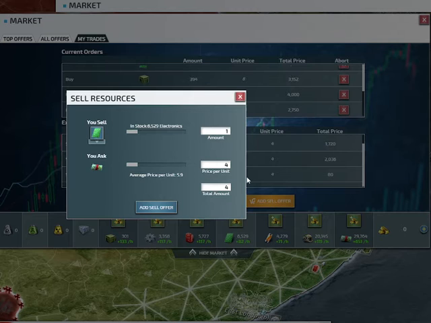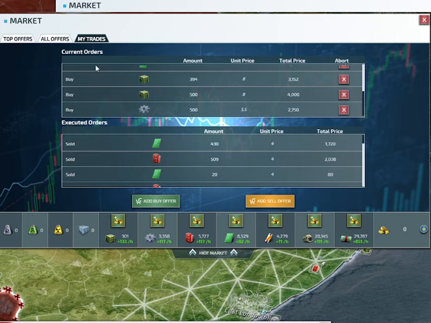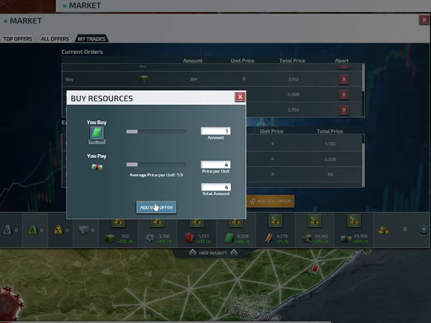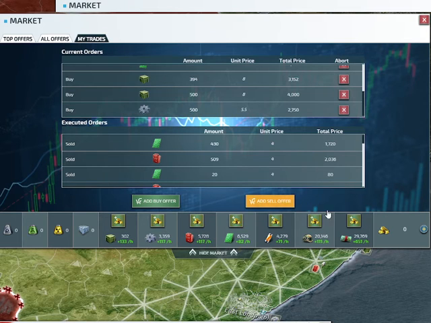If you want to sell something, you put it on here, you type in the amount of units you want to sell, and then you put what you want to ask, let's say 5.5, and it tells you already how much you're going to get for it, and then you just click add to sell offer, and it'll automatically go there. Players will find you and buy. If you want to buy, same story, you put how much you're willing to pay, and players will find you and sell, and it will automatically come in and go out, etc.